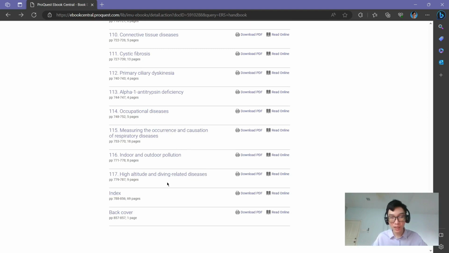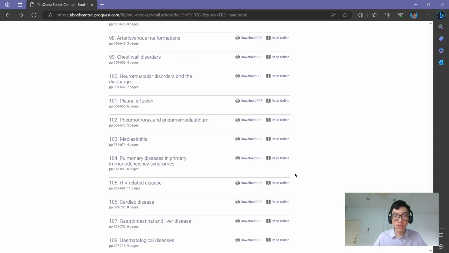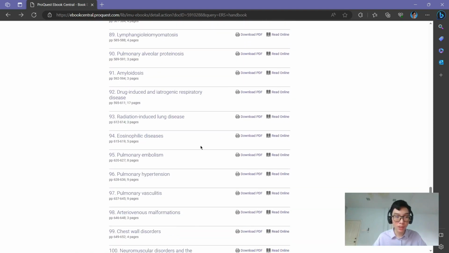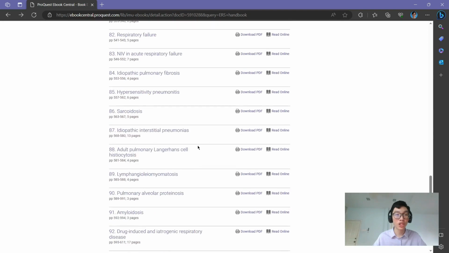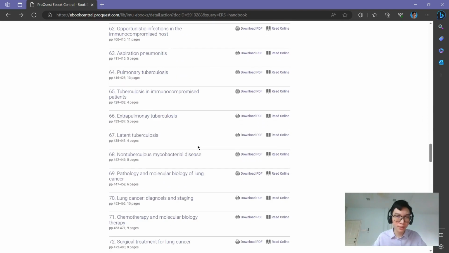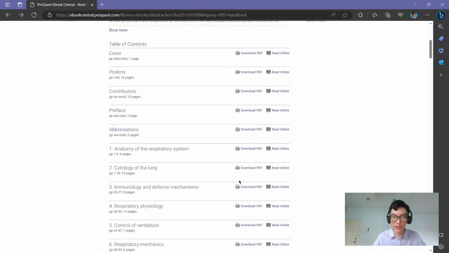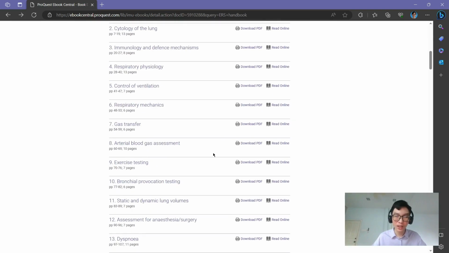So there's 117 chapters, roughly talking about the anatomy, the pathophysiology, different diseases, different diagnostic tools, and also treatments. You see, just now we have transplantation as a form of treatment. So I said this book is very in depth, right? Covers from head to toe, anatomy, pathophysiology, and down to treatment and diagnostic tools.